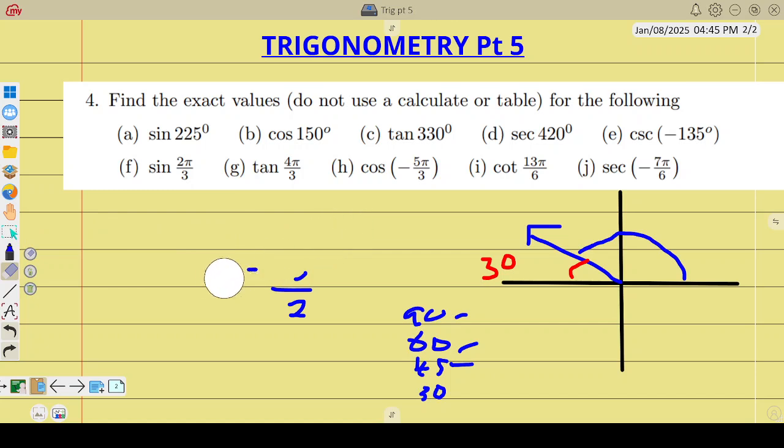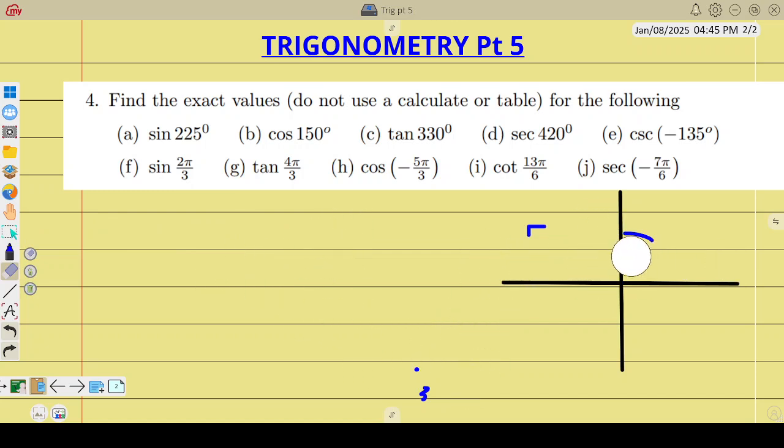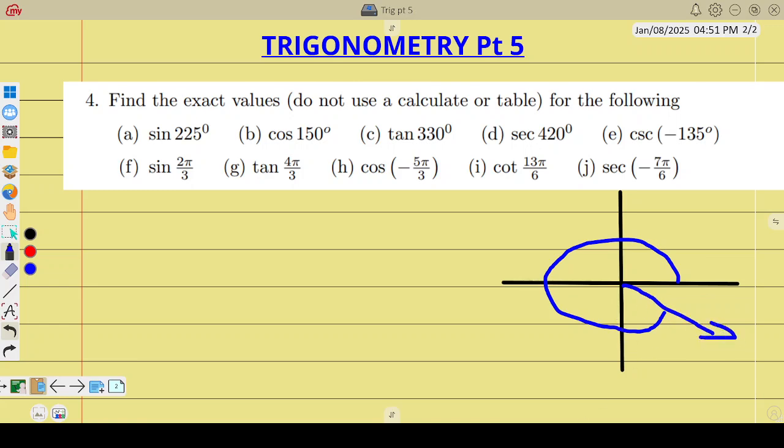Okay, we're proceeding to tan 330. This one here, 330: 90, 180, 270, so it will reach 300 all the way up to 330, somewhere there. So this is 330 approximately.